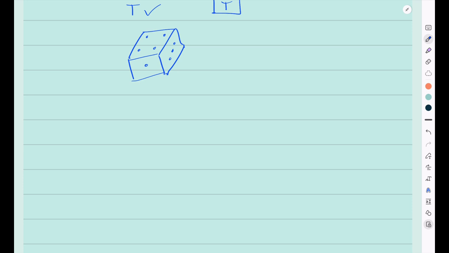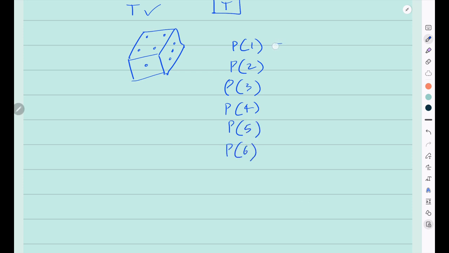Then what actually happens is that the probability of getting a particular number becomes a little higher. So it's not a correct dice, or all events are not equally likely.